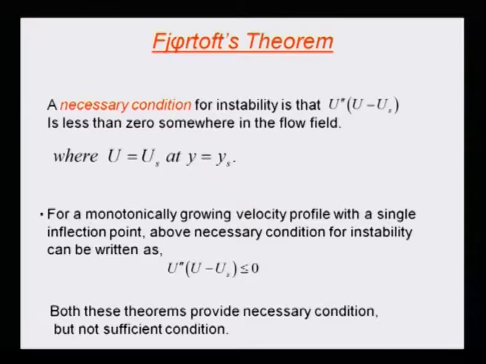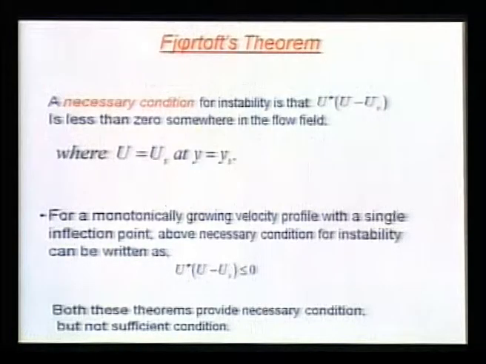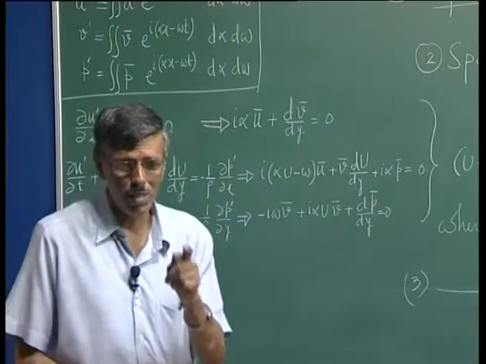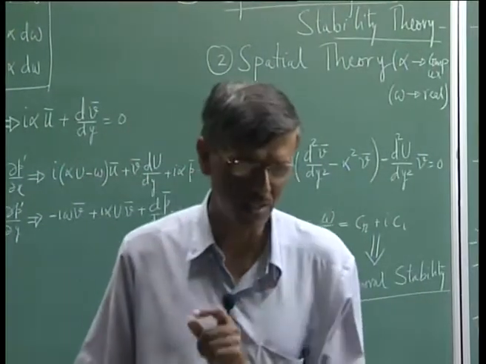a necessary condition for instability is that u double prime times (u minus u s) is less than 0 somewhere in the flow field. What is u s? U s is the velocity value at which the second derivative is 0. So, basically it is the velocity value at the inflection point.